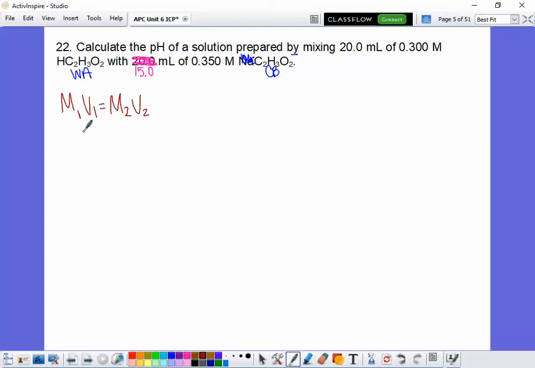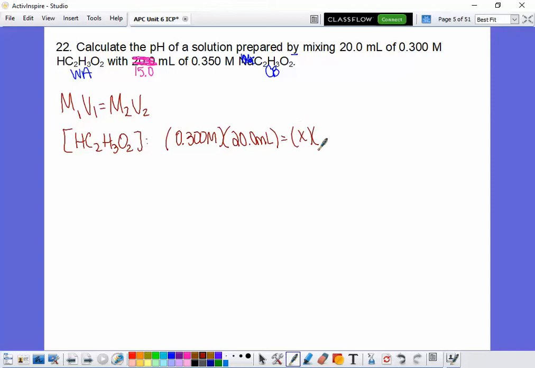So we're going to have to do that formula twice, once for the acid and once for the base. If we do the acid, what is the initial concentration of my acid? 0.3. And what volume of that do I start with? 20 milliliters.